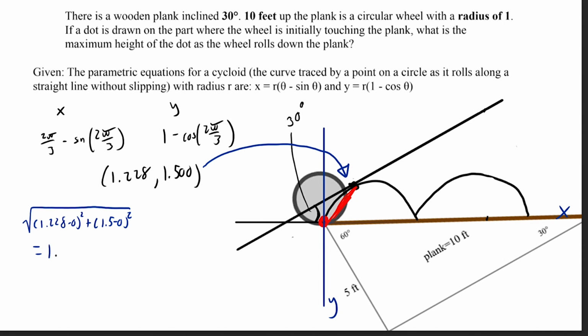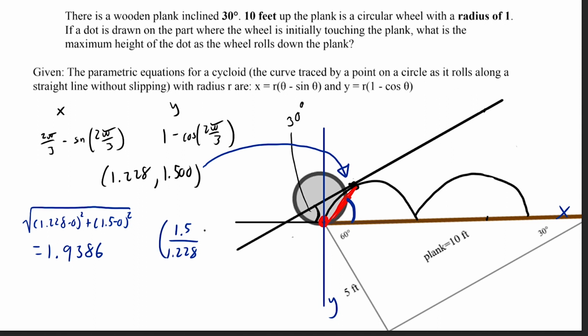Which equals 1.9386. We can also find this angle right here, which will also be useful. So we can find this by using inverse tangent. Because we know the tangent of this angle is y over x, which is 1.5 over 1.228, we can do inverse tangent to get the angle.